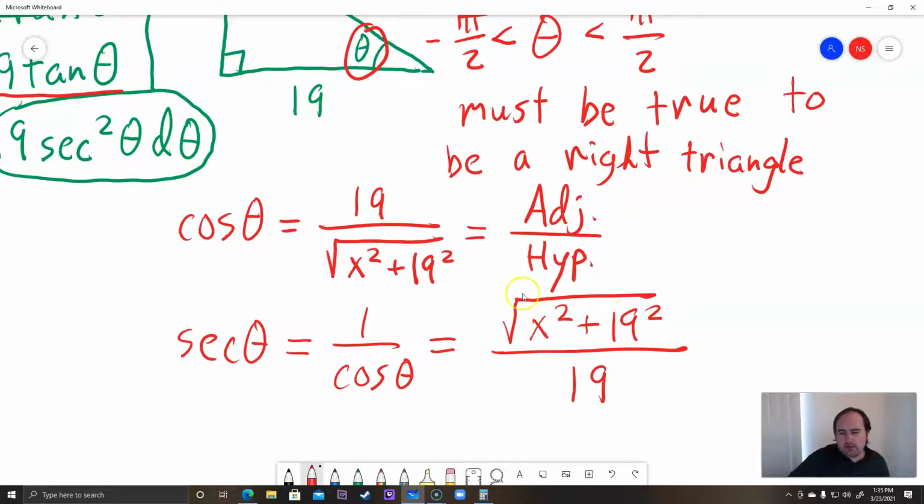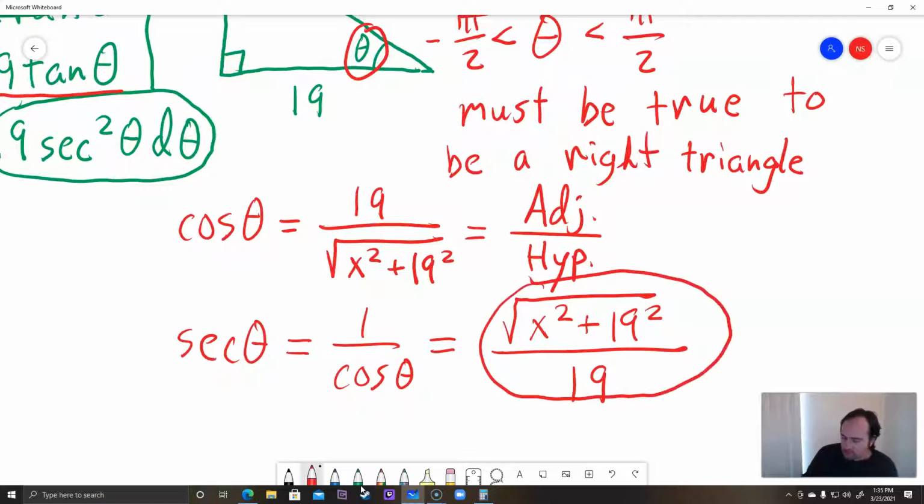Okay, so now we're ready to go ahead and plug this in over at the end of the problem. So secant of theta is the square root of x squared plus 19 squared all over 19.